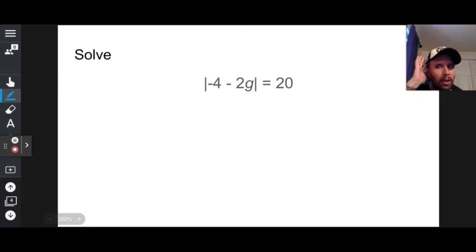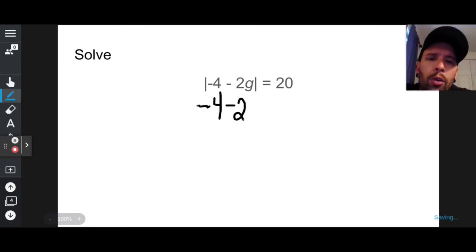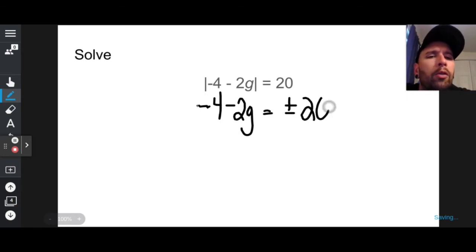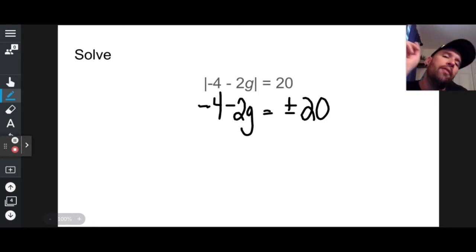All right, so my absolute value is all by itself. I'm going to get rid of the absolute value and make the right side positive or negative 20. So what this is saying is I have negative 4 minus 2g equals 20, and I have negative 4 minus 2g equals negative 20.